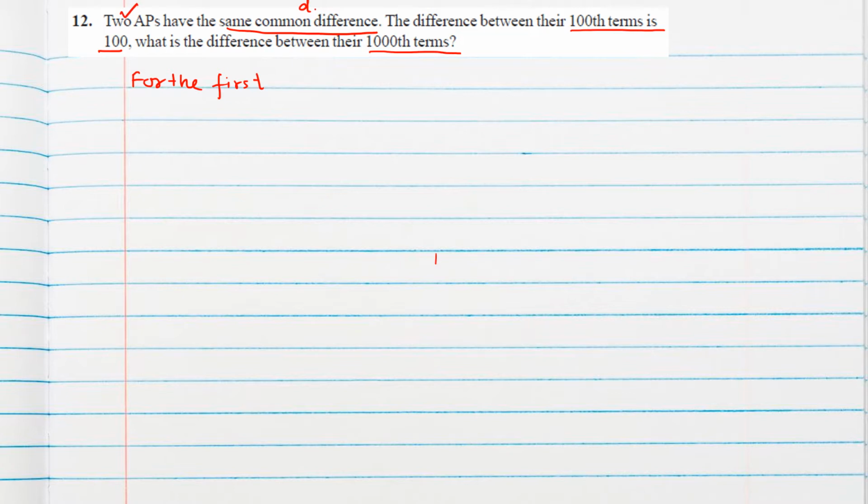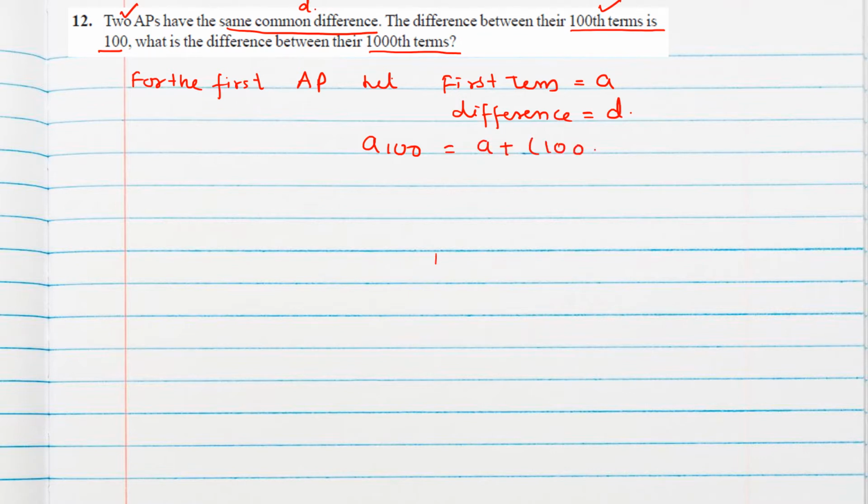So for the first AP, let the first term be A and the difference be D. So A100 will be A plus 100 minus 1 D, that is A plus 99 D, equation 1.